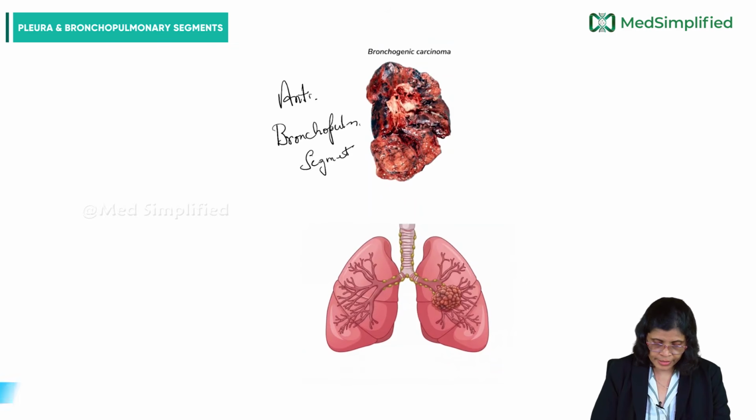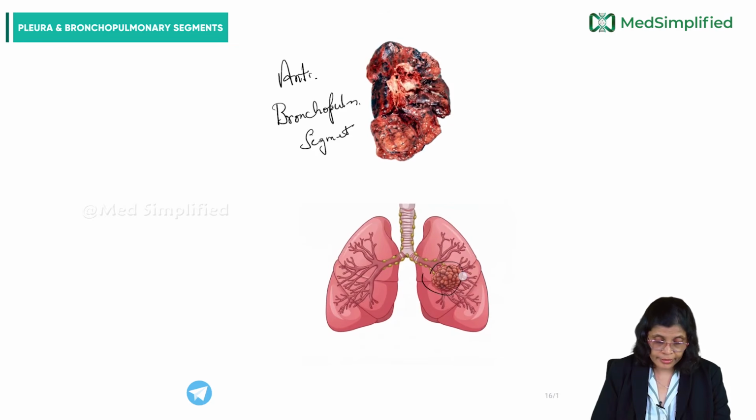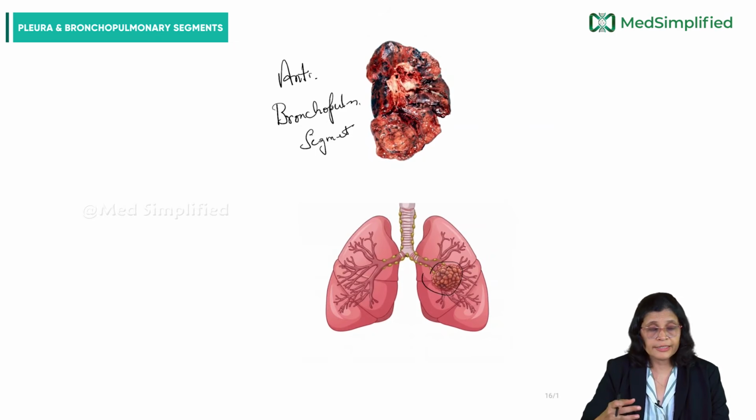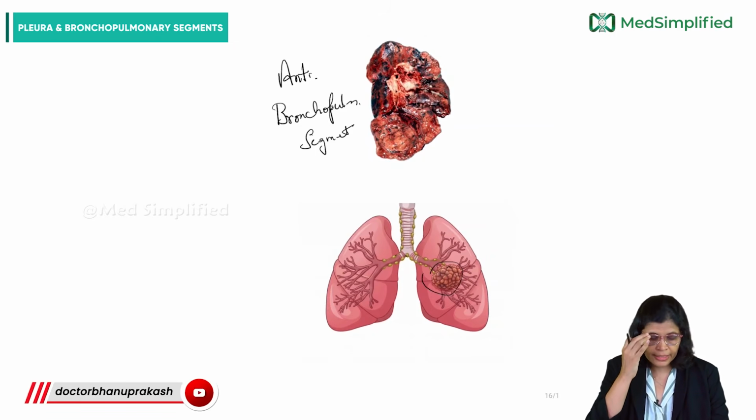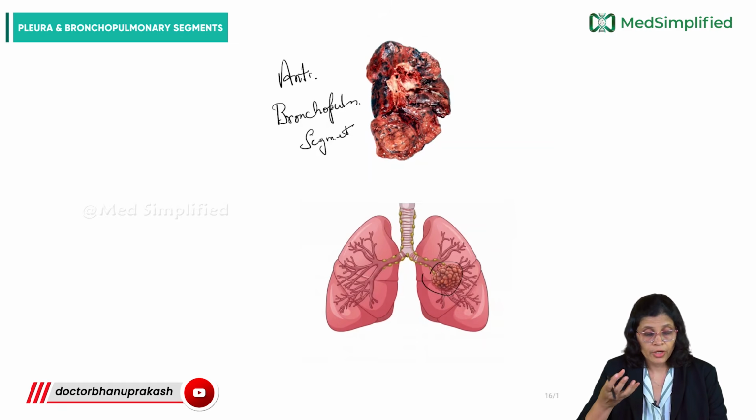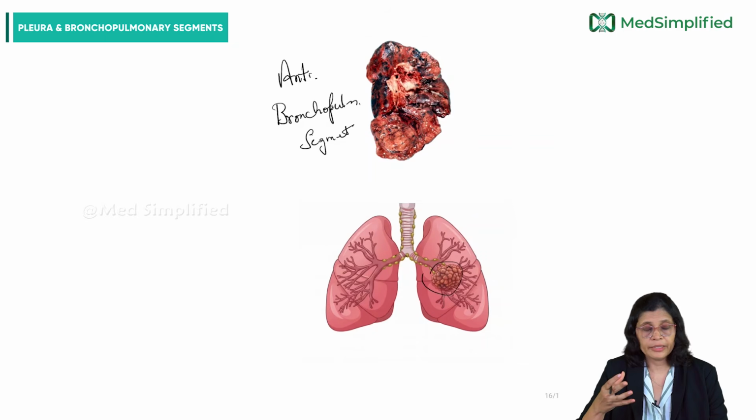Here you can see they are closer, and there are a lot of lymph nodes there. So that is why cancers are more common near the anterior segments. The other thing which you have to remember is that localized disease conditions like tuberculosis, bronchiectasis, or even a benign neoplasm are always restricted to one bronchopulmonary segment of the lung, so that we can resect that bronchopulmonary segment completely and the diseased part can be removed without affecting the other bronchopulmonary segments or the lobe of the lung.